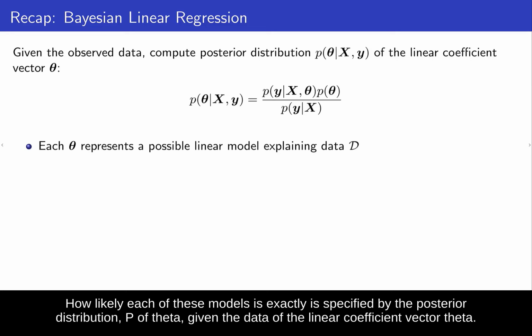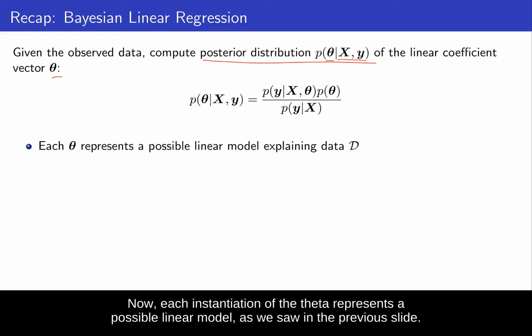How likely each of these models is exactly is specified by the posterior distribution, P of theta, given the data, of the linear coefficient vector theta. Now, each instantiation of this theta represents a possible linear model, as we saw in the previous slide.